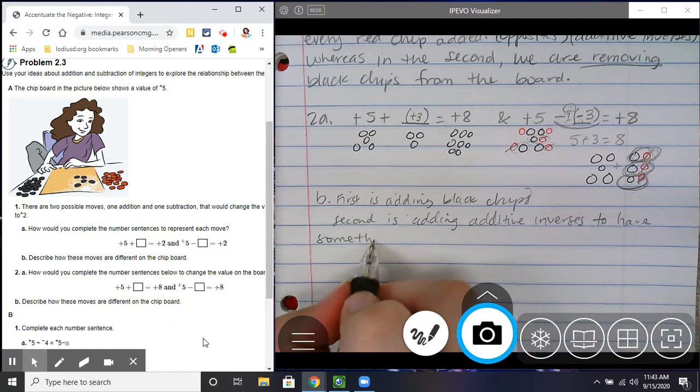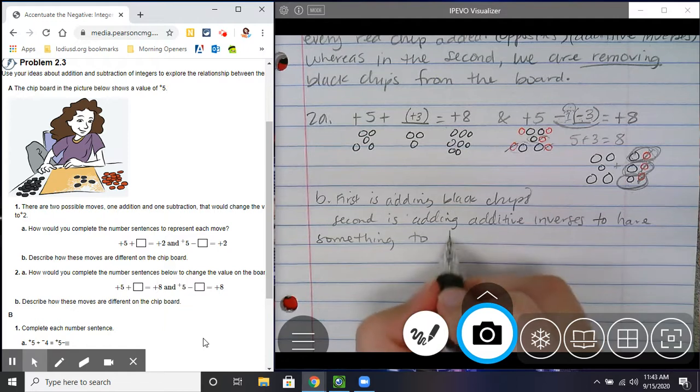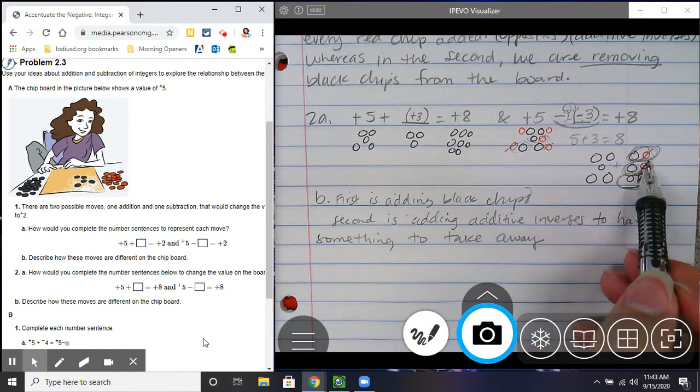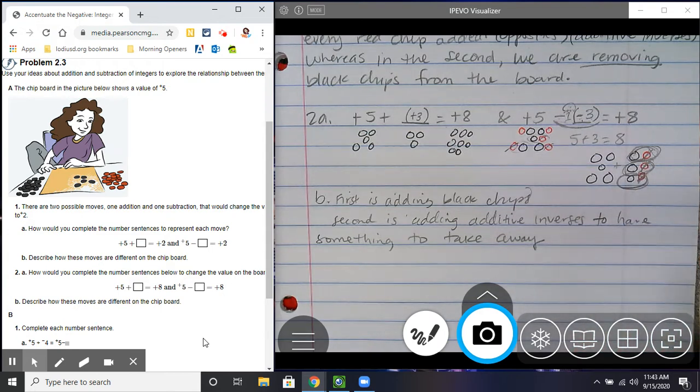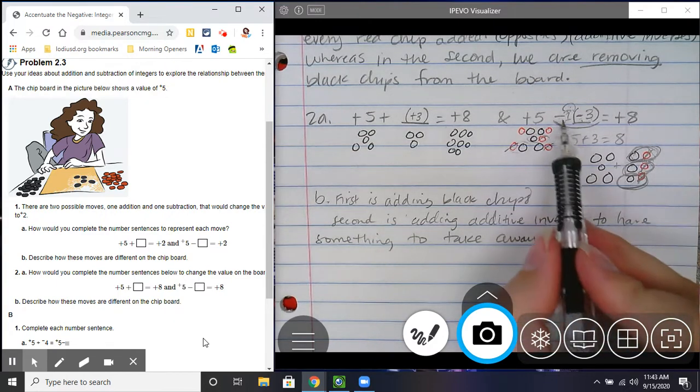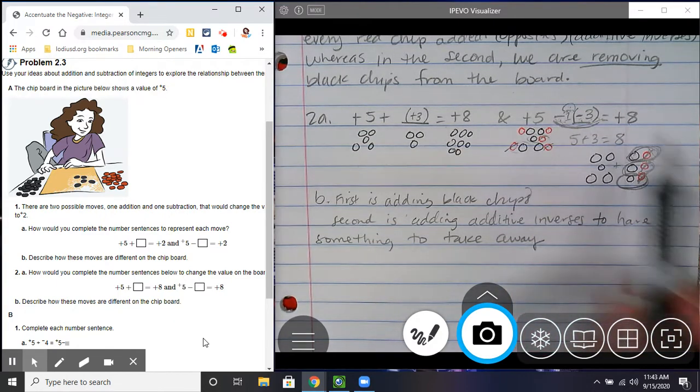Like you basically had to add more of these in order to have something to take away. I feel like obviously this is the hardest one to understand. It's because of this situation here.